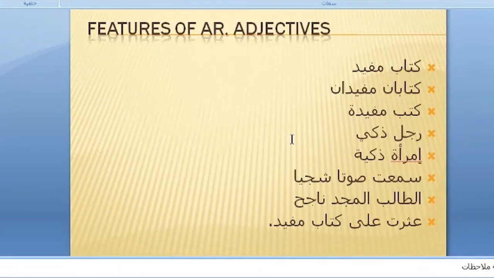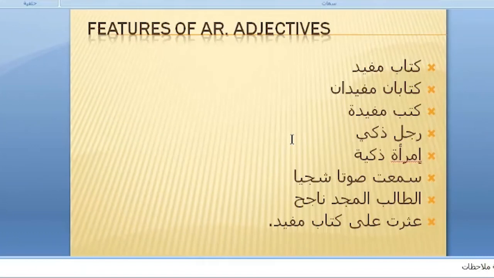Which means when we have a nominative noun, the adjective is also nominative. When we have an accusative noun, again, the adjective is going to be accusative. And when we have a genitive noun, the adjective is also genitive.